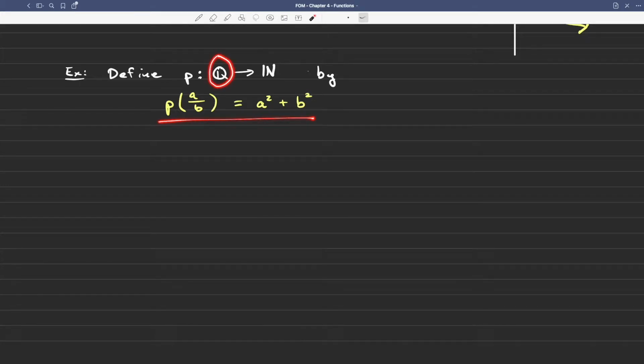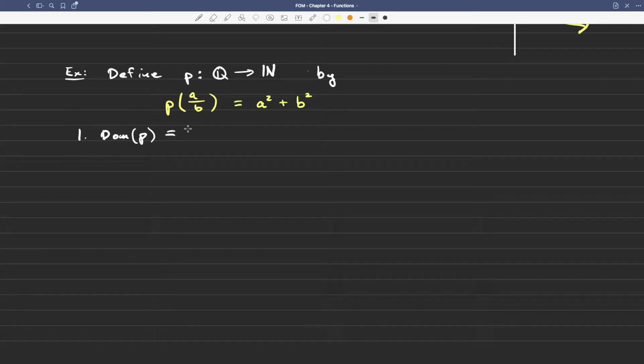The rational numbers are just those fractions where the numerator and the denominator are both integers. So a and b here are both integers, and b is not equal to 0, so we can't divide by 0. And I'm just going to take the numerator squared plus the denominator squared. Well, that seems like a perfectly fine thing to do. What's wrong with that?